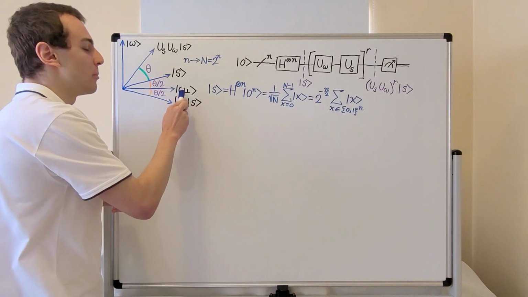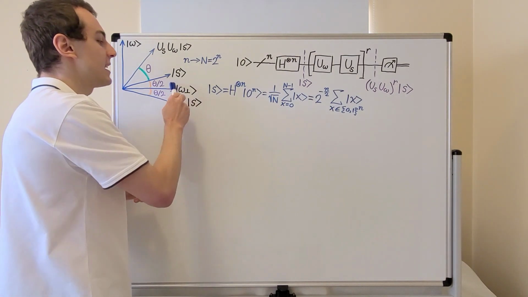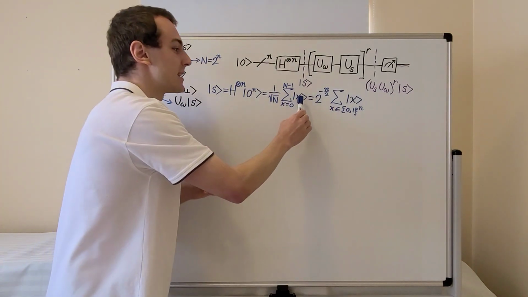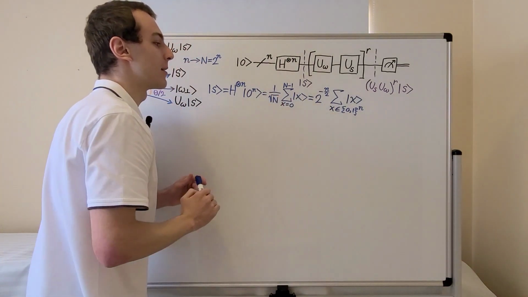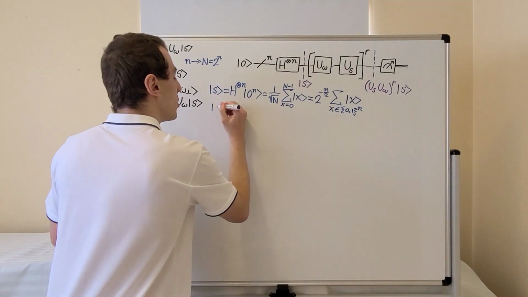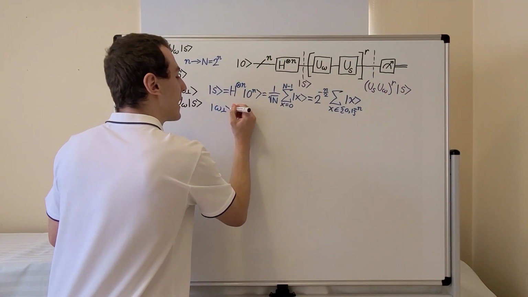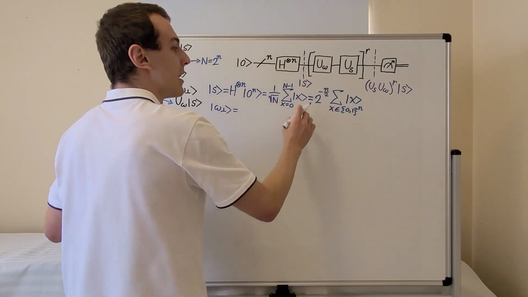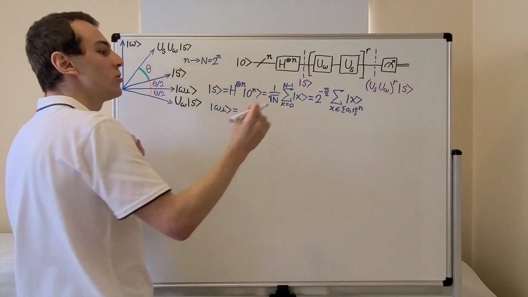What about this omega perpendicular? So this state that's orthogonal to omega. Well, omega is one of these states. One of these x's is omega. So if we want to construct a state that's perpendicular, what we have to do is remove omega. So omega perpendicular is the same as this, but we have to just remove that omega.